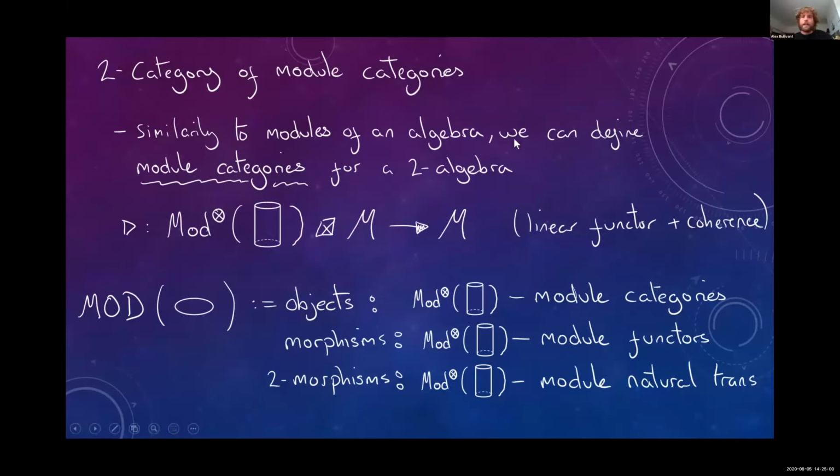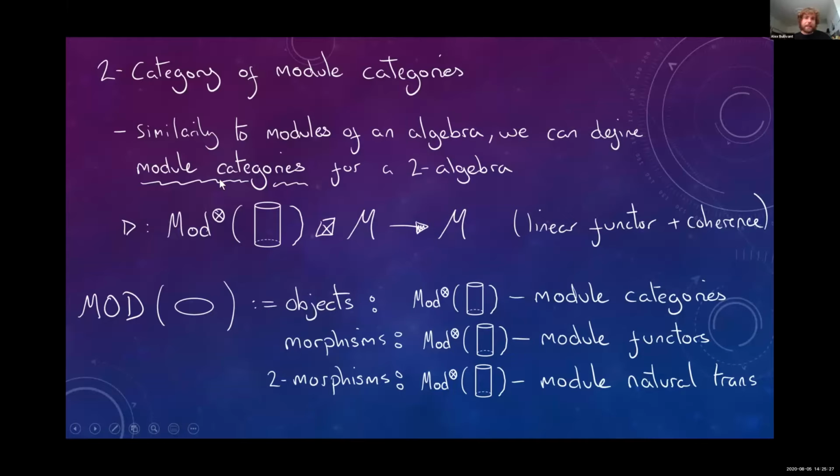In a similar vein, we can define module categories for a 2-algebra. You have a category equipped with, if we're doing this in 2-vector spaces, a linear functor plus some additional coherence data. We think about this bifunctor as being a map from our algebra tensored with this category into itself, so we have an action functor.